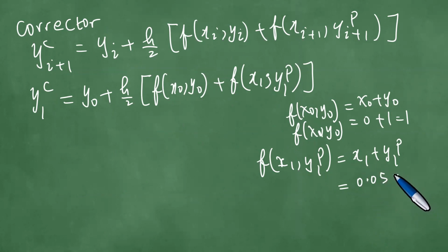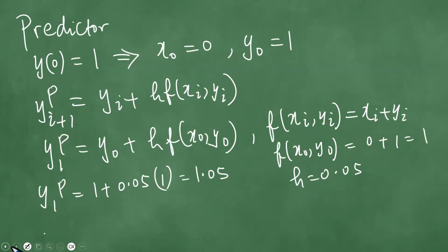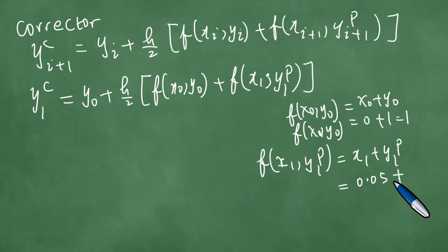We saw that yesterday, but we must add that to the predictor y1 we got, and that one is 1.05. So what is the answer to this? Let's make sure we get the correct answer.